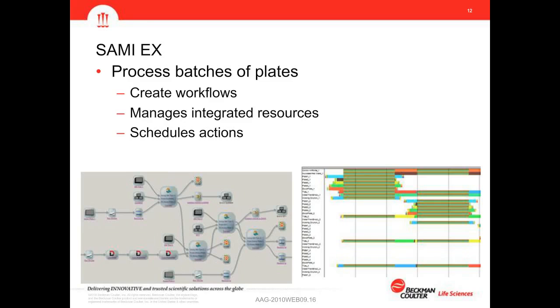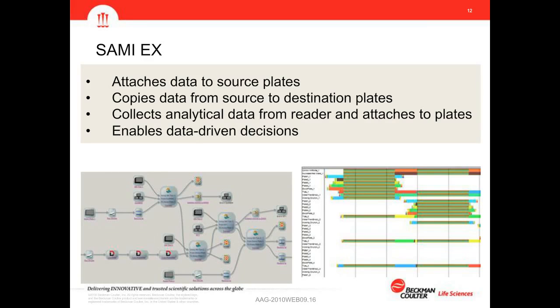Basically, Sammy is trying to process samples as efficiently as possible, but it needs to know where all the labware is at different times and how it can be processed most efficiently. The job that Sammy TX does from a data perspective is it attaches data to source plates. It copies information from a source plate to a destination plate, such as when pipetting occurs.